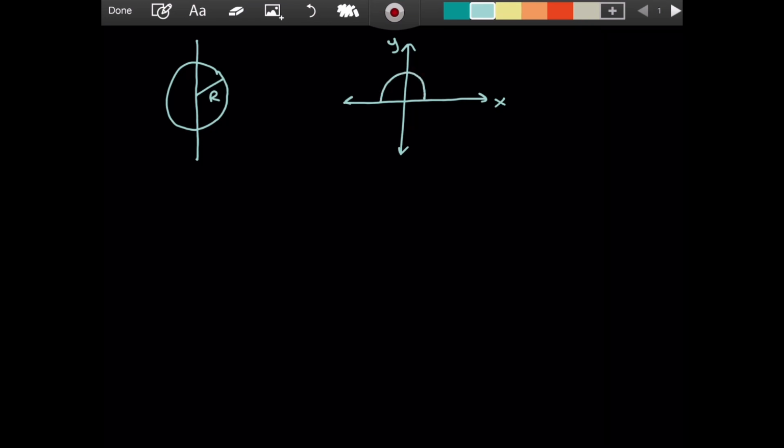It will have a radius of r, and the semicircle, well, I don't know if you can say the semicircle is centered, but you guys get what I'm saying. This point is (0, 0). If we were to connect it to a full circle, that would be the center of the circle, and it is the origin. Okay?